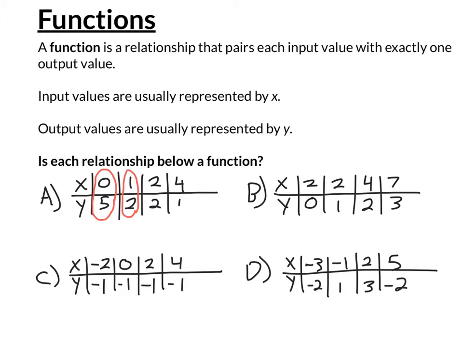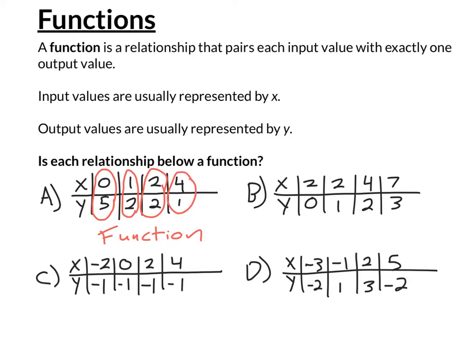If we had 1 and -3 as the input and output, then that would not be a function because it's not going to the same output. 2 always goes to 2, and 4 always goes to 1. So because each input always gives us the same output, this is a function.